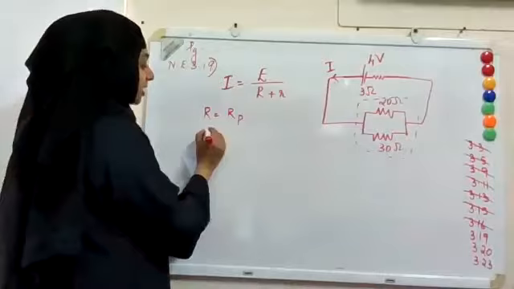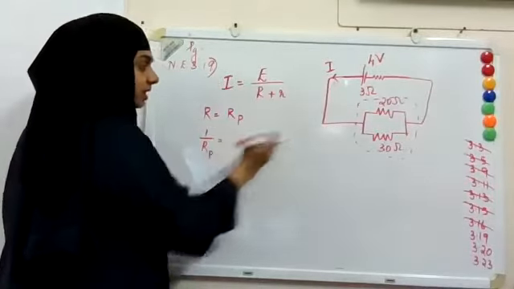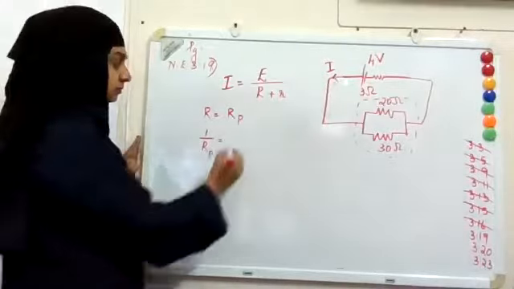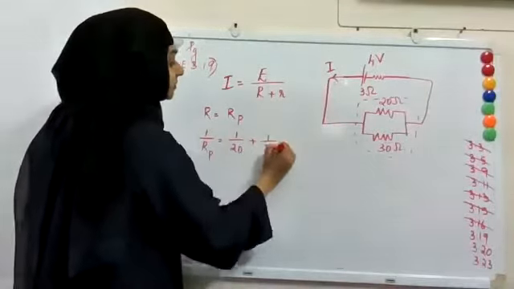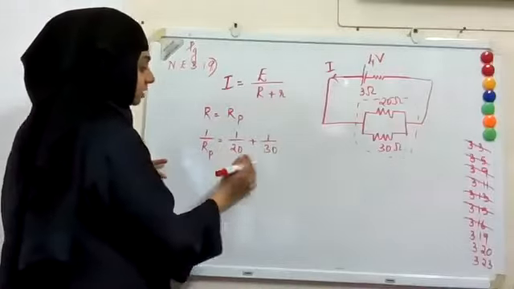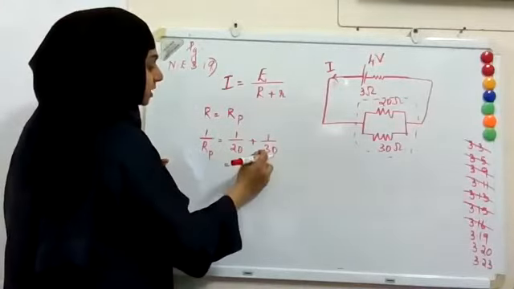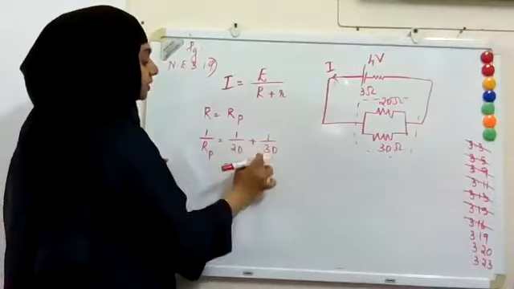So you can find 1 by RP is equal to, tell me how to find the effective resistance. 1 by 20 plus 1 by 30. So this is equal to, the denominators are not same. So to make the denominator same, I'm multiplying here with 3 and here with 2.